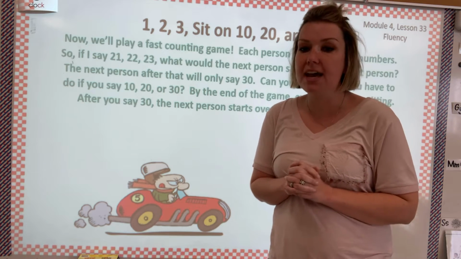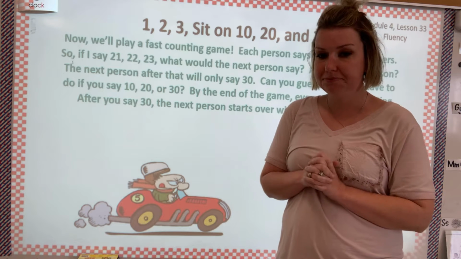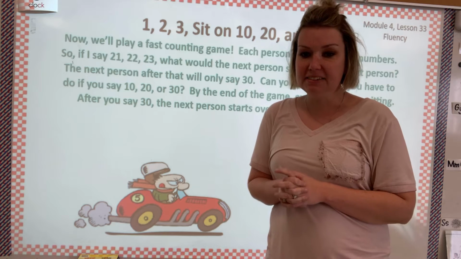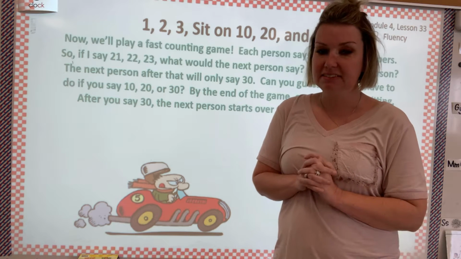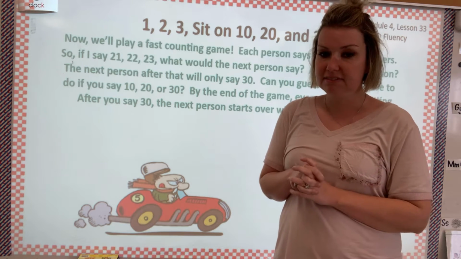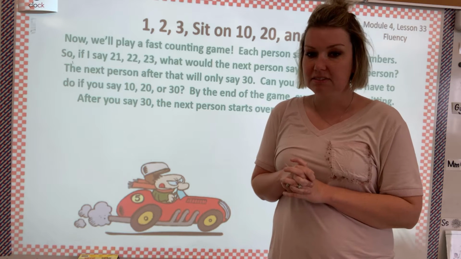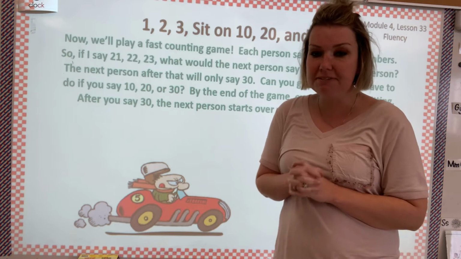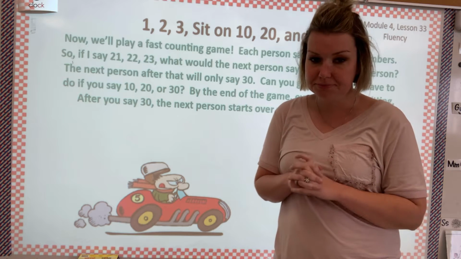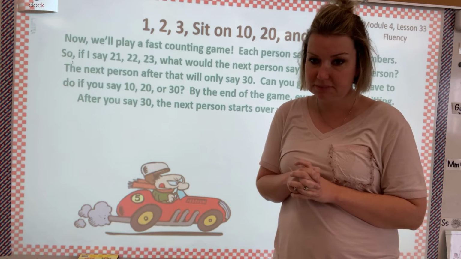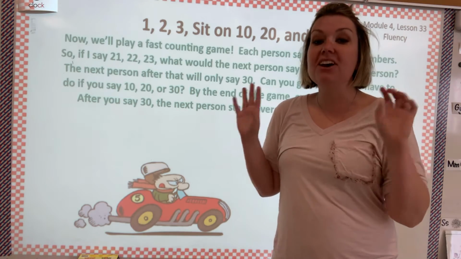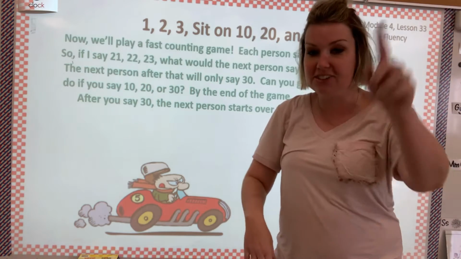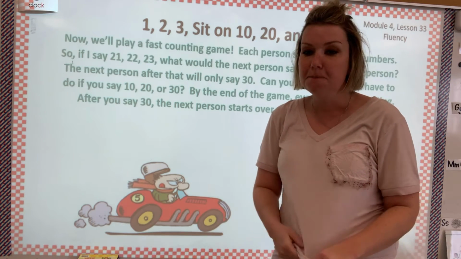Great. Nicole, you're next. 7, 8, 9. Alan, what do you say? Oh, Alan's not listening. Grant, what do we say after 9? 10, 11, 12. No, you just do 10 and you sit down. So Grant sits down on 10.